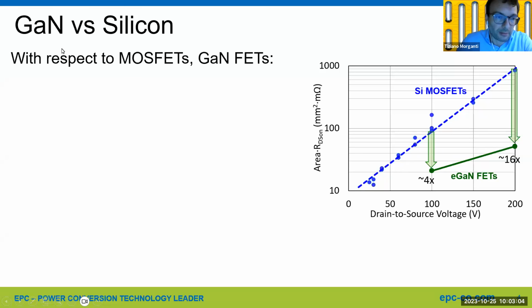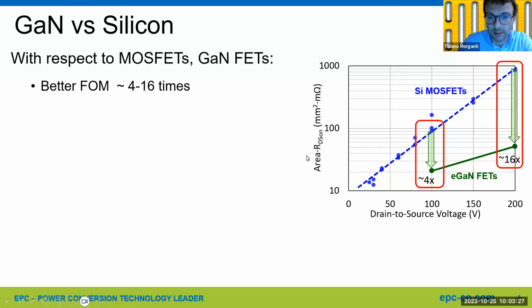GaN versus silicon. So what are the differences between our transistors and the silicon MOSFET? Basically, GaN is a material that allows much smaller device for the same RDS(on) area. And so we have a figure of merit, which is the RDS(on) per square millimeter of device, which is much better than silicon.